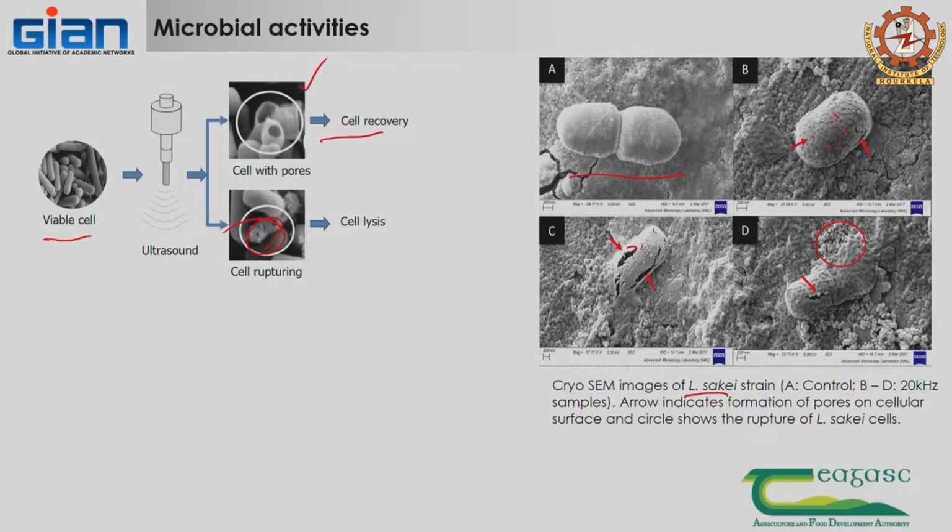Now these are also pores. Then you extend the energy, and you get leakage of cellular content. It is something like acupuncture. You make holes in it, so the substrate can go faster into it and the end product can come out of the cell. So the reaction will be faster.